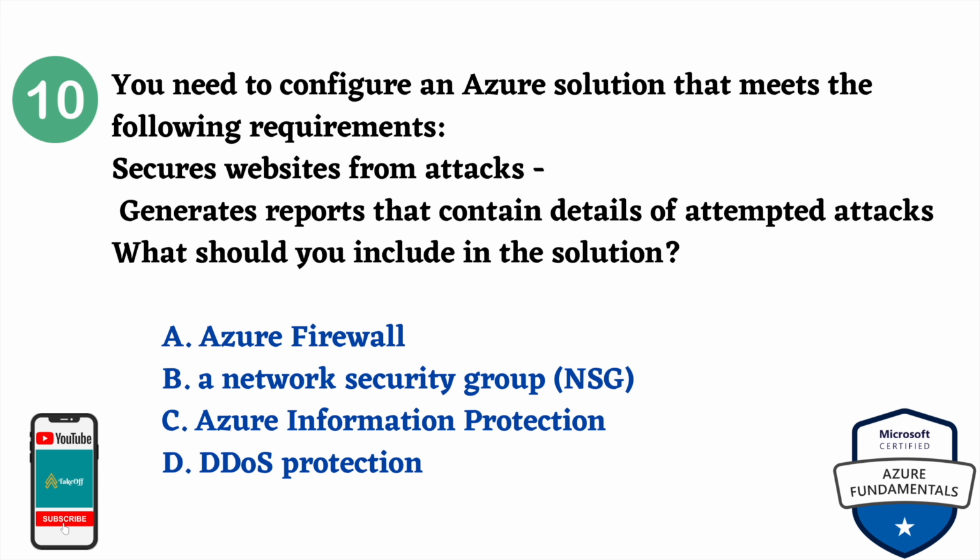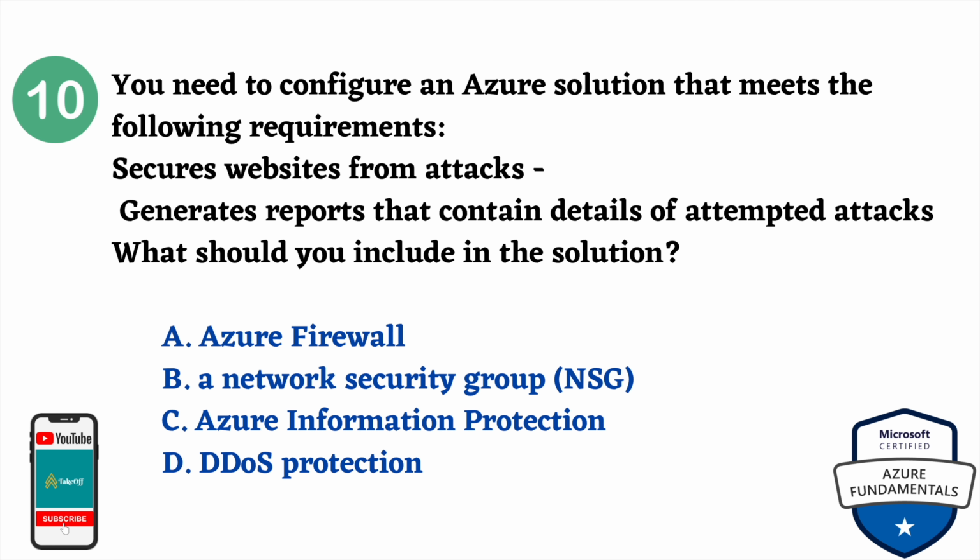There might be a confusion between Azure Information Protection and DDoS Protection. First let's see what is Azure Information Protection. It's a cloud offering which enables organizations to discover, classify, and protect documents and emails by applying labels to the content.